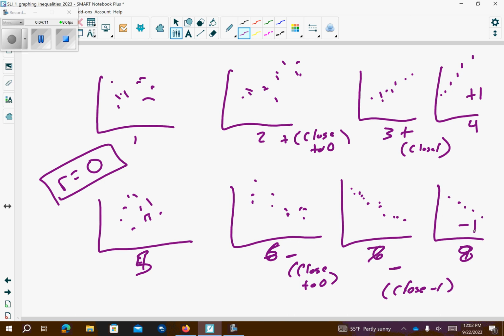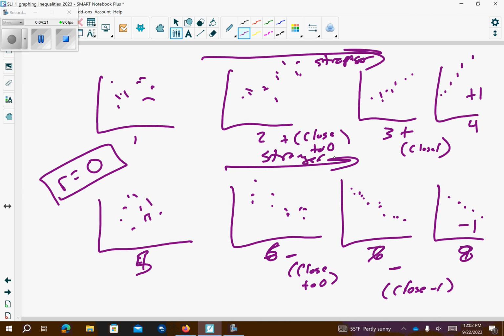As we head this way, it gets stronger on both of the graphs.